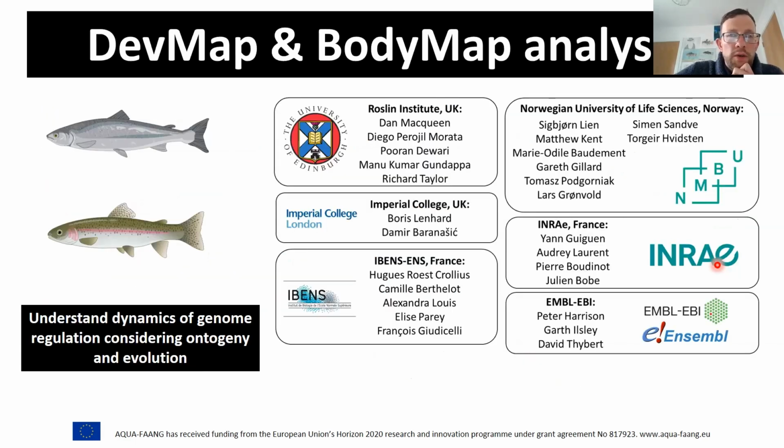So moving on to talk about some of the analyses. This slide lists all the individuals that have been involved in analysing the DevMap and BodyMap data in the two salmonids. And this group's currently working towards a large flagship paper that we hope to submit at the end of the year.